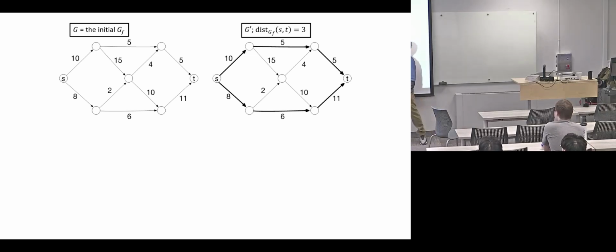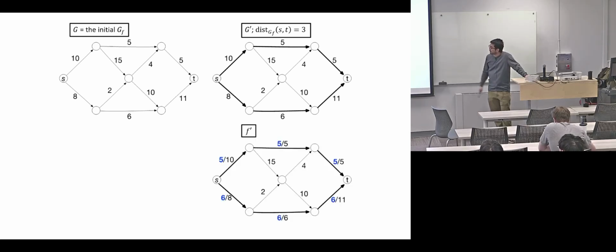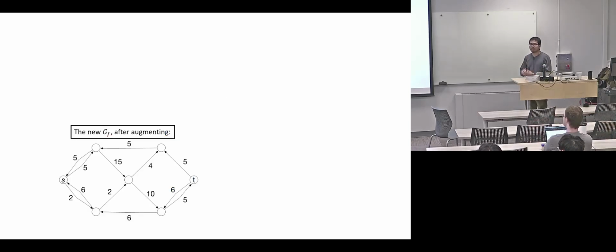These are not in G prime. So we compute a blocking flow on G prime, on the graph with bold edges, and augment it, and you get the new residual graph. That's one round.